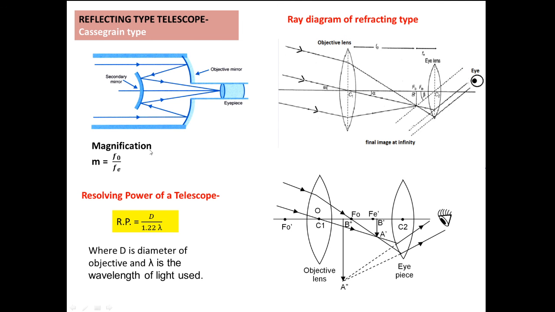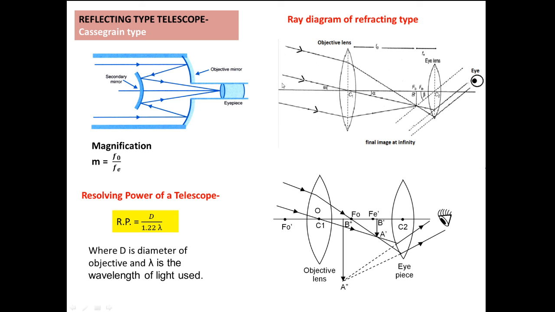Its magnification is the same, so the magnification of the telescope is F naught by Fe. Another reflecting type telescope is the Newtonian type telescope. In Newtonian type, in place of the convex mirror, a plane mirror is used. That is the only difference between Cassegrain and Newtonian.